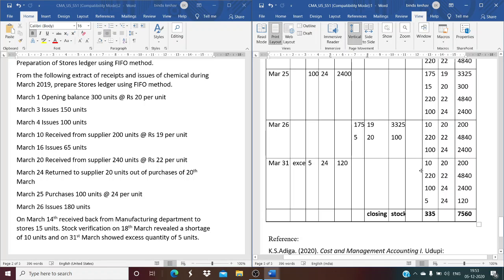So the closing stock will be the total of these: 10 plus 220 plus 100 plus 5, that is 335 units, and the value of the closing stock will be 200 rupees plus 4,840 rupees plus 2,400 rupees plus 120 rupees, 7,560 rupees. So the closing stock will be 335 units at the value of 7,560 rupees. So this is the preparation of a stores ledger using the first in first out method.